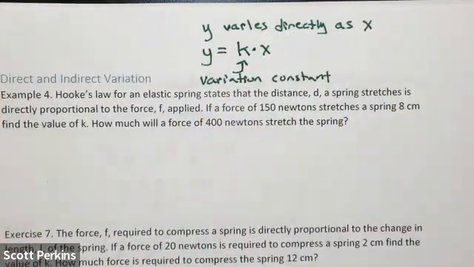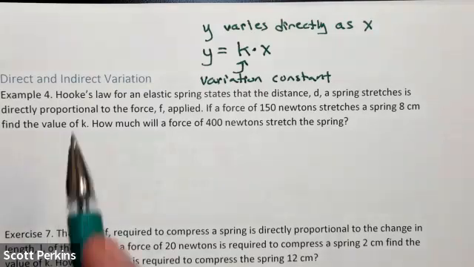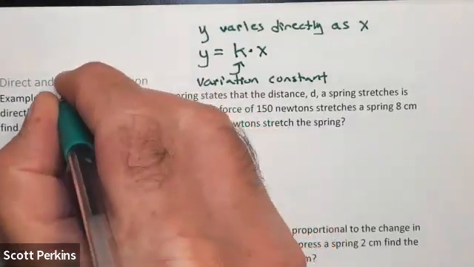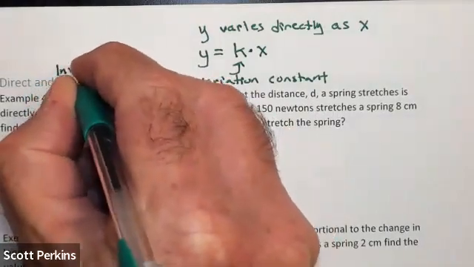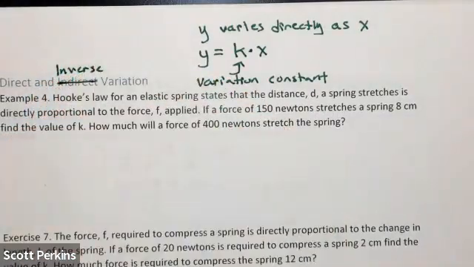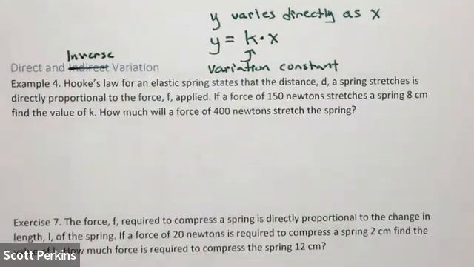And that's how to represent a direct variation or a direct proportion. We'll come to the second one in a minute, but let's go ahead and work a problem and get used to the process. And then I'll tell you what, it actually shouldn't be indirect variation. This should say inverse variation. Sorry, that's bad typing by me. But we'll get to that in a minute.